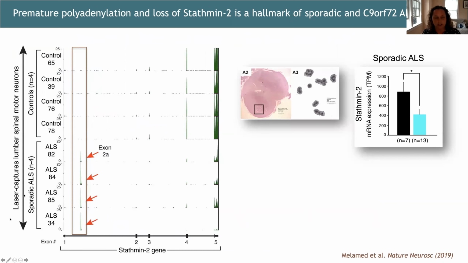And one approach that we have taken in adult mice is to deplete statin 2 because in patients, this is basically what's happening. Statin 2 depletion is a downstream effect of TDP-43 dysfunction in adults. And so we wanted to model that.